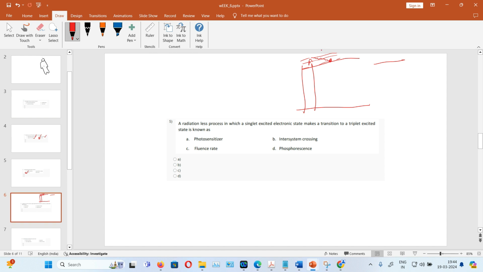This phenomenon is called internal conversion, which is a singlet to singlet transition only. Now there can be a transition in which the electron transfers from the singlet excited state to the triplet excited state, and this phenomenon is called intersystem crossing. So the answer is B, intersystem crossing.